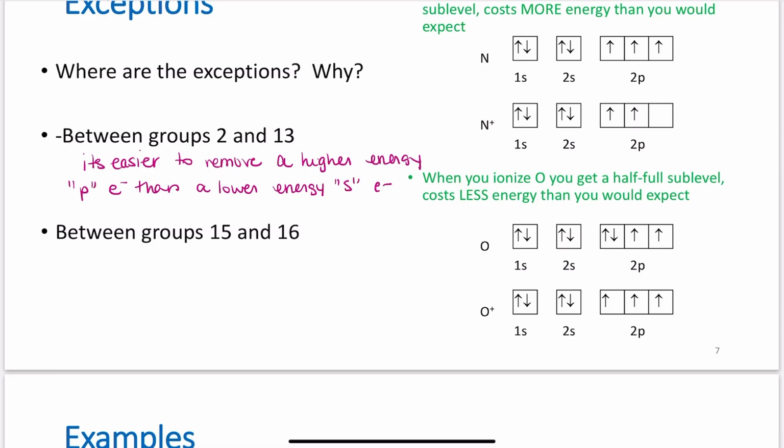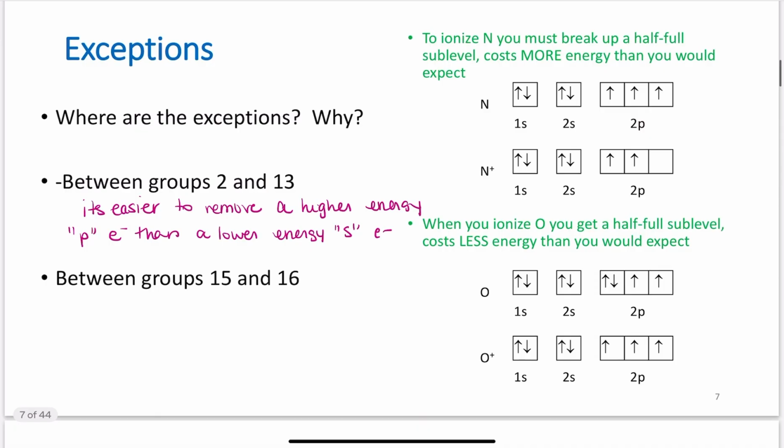So groups 2 to 13, let me look at a periodic table because I do not have that memorized. That would be like beryllium going to boron or magnesium to aluminum.